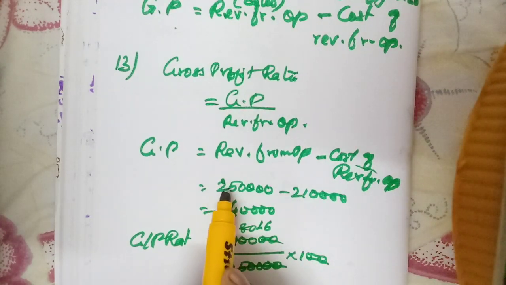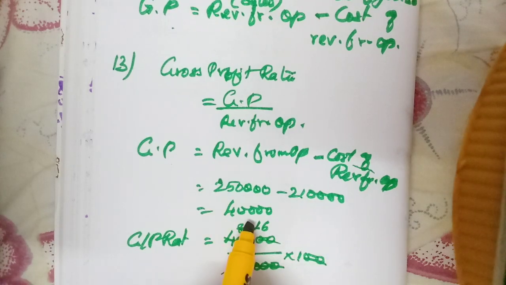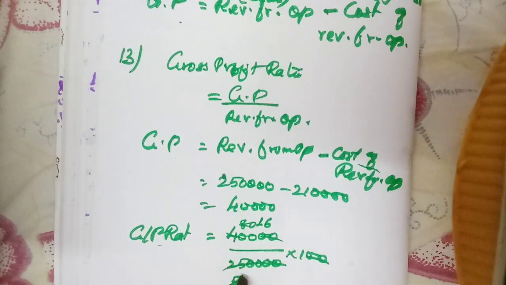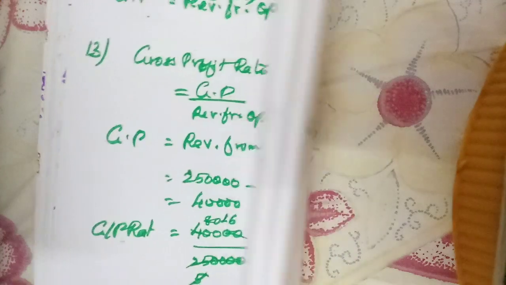Revenue from operation is 2,50,000 minus 2,10,000 is 40,000. So gross profit ratio is equal to 40,000 divided by 2,50,000 into 100. We will get 16%.